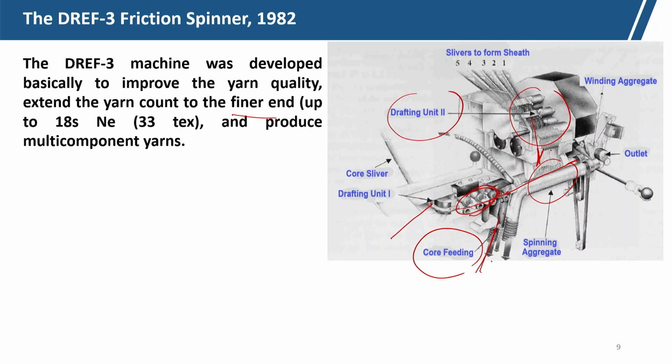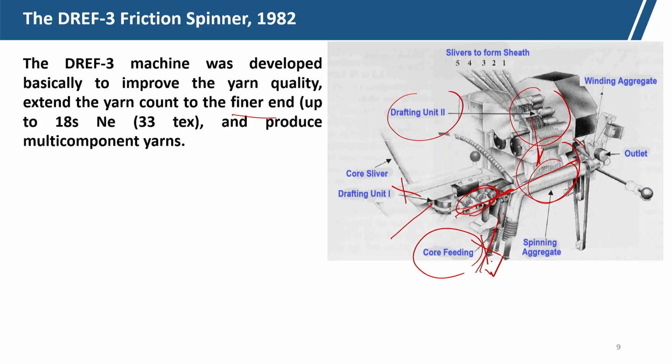Effectively, if we remove drafting unit 1 and do not feed the core filament, this system will be exactly like the DREF 2 system. In DREF 3 the only things we have added are two additional components: one is the core feeding, and another is the drafted strand feeding, that is, a staple core you can also feed.